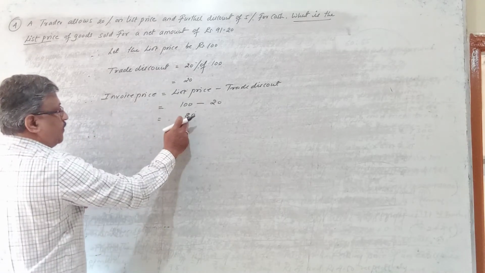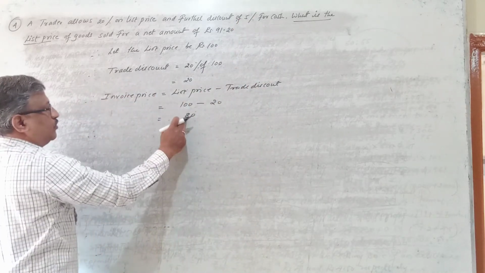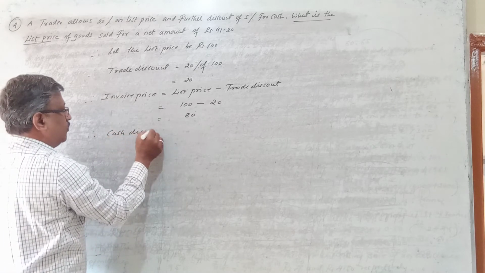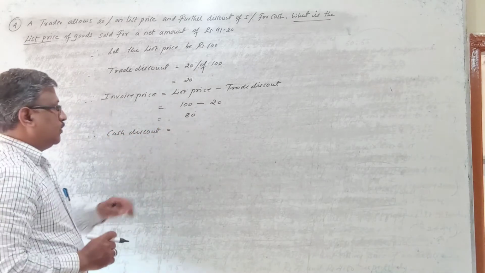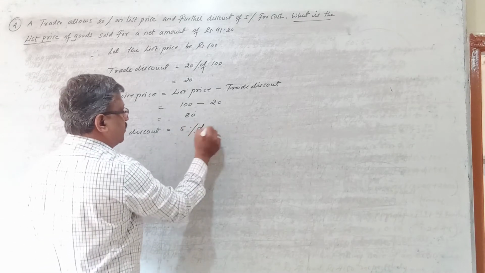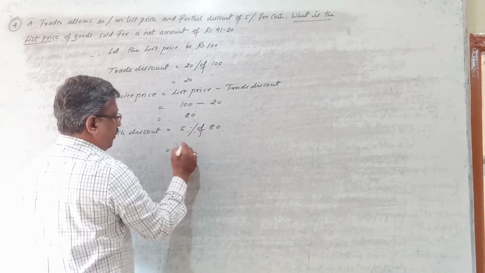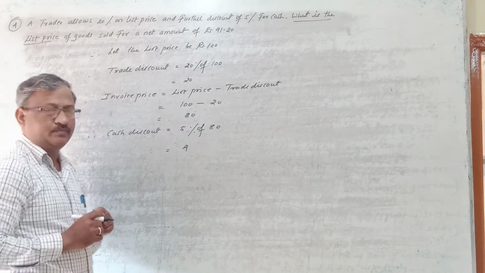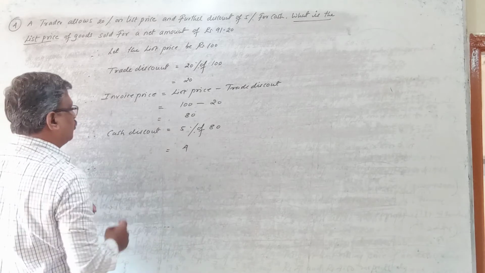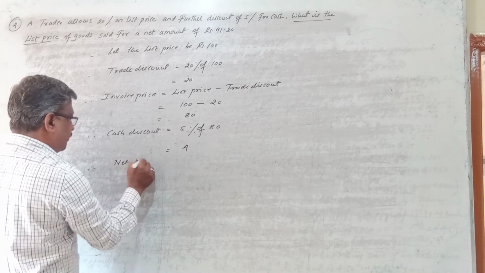Now if your invoice price is 80 rupees, they have given cash discount also, and cash discount is always allowed on the invoice price. So now you calculate the cash discount. On this invoice price, you have to remove 5%. 5% on 80 rupees comes to 4 rupees. If cash discount is 4 rupees, what should be my net price?